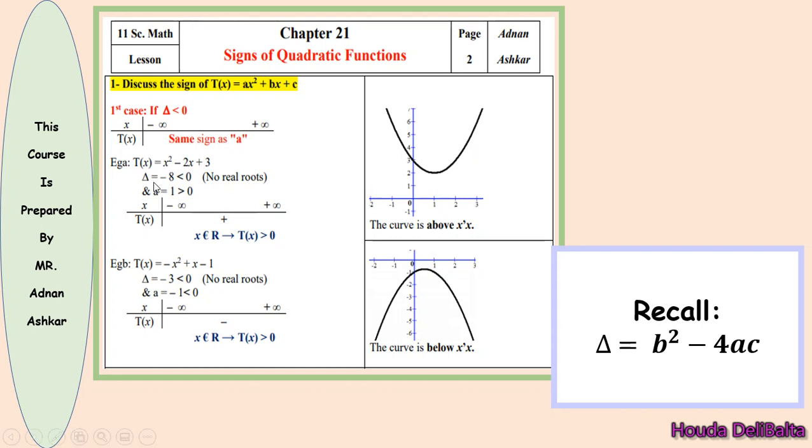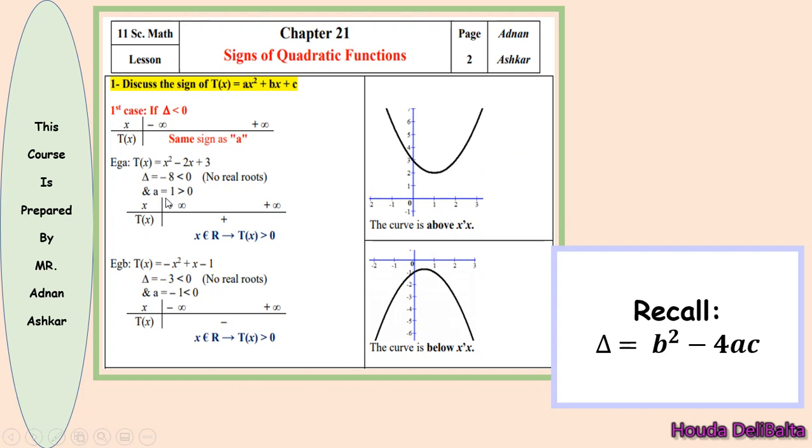Let's make sure. First of all, we find delta. Delta, applying this rule, is b squared minus 4ac, and the result is minus 8. Notice that delta is negative, so definitely no real roots. That's why no intersection with the x-axis.